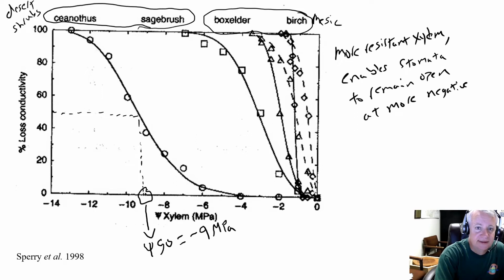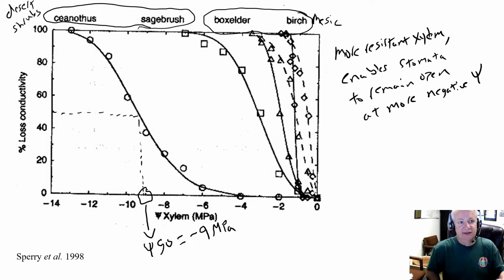And of course, you can see how that would be adaptive for ceanothus and sagebrush to have stomata that remain open at more negative water potentials. And basically more resistant xylem enables that to happen. And we'll go into that in more detail in a little bit.